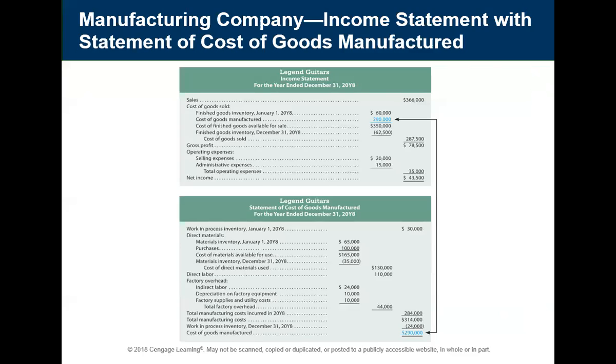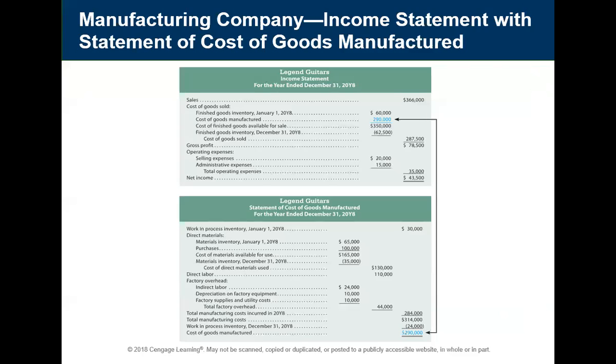Again, that comes from this statement, or if we didn't do the statement, we just need to balance our work in process account. Then sales minus cost of goods sold equals gross profit. We subtract out our operating expenses, which are selling and administrative, and we get net income. So this is our end goal. It's not too bad, really. You just have to break it down step by step. Balance all of your accounts. If you put it all in T accounts, you have all your information. You just plug it into your statement.